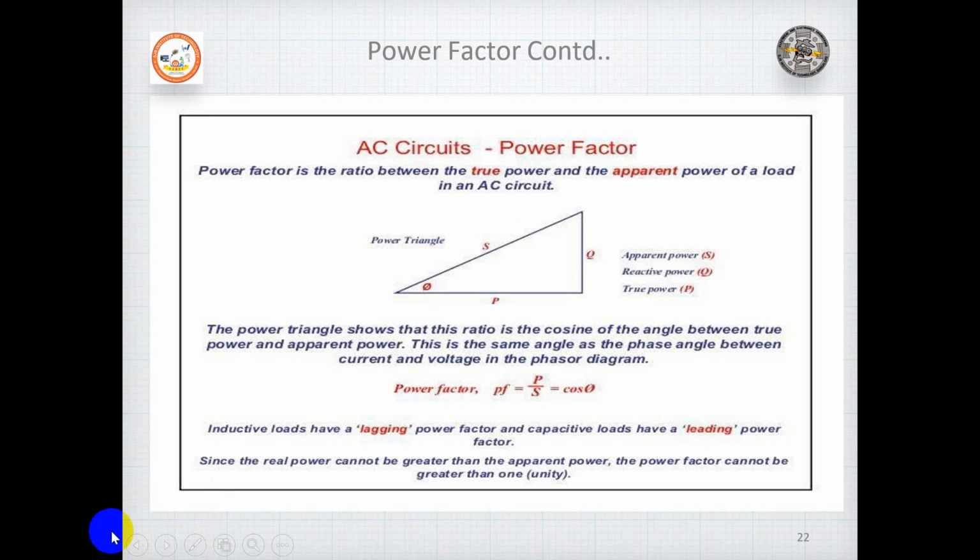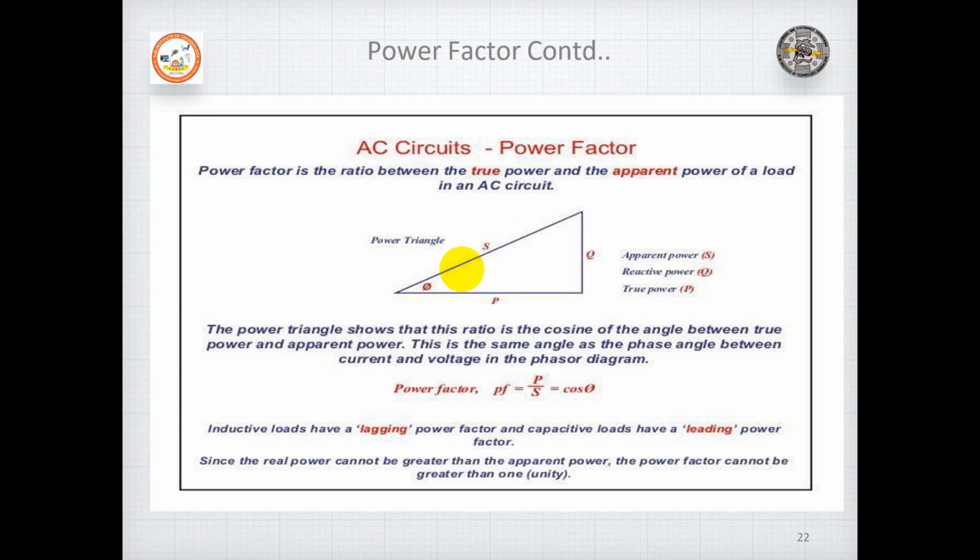If you look at this power triangle, this is phi, this is P, the true power, and this is the reactive power, represented by Q, and S represents the apparent power. So the power angle shows that this ratio is the cosine of the angle between true power and apparent power.